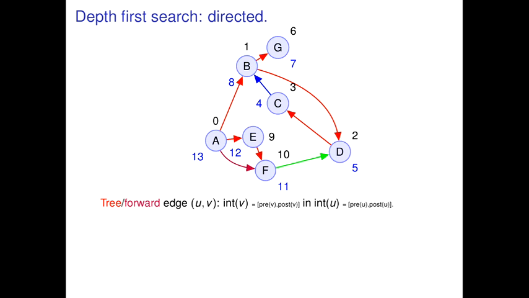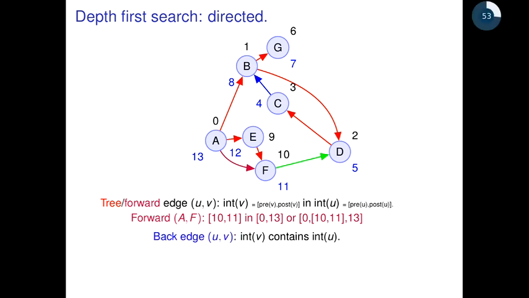And here's a forward edge. F is a descendant. It's an edge to a descendant. The call of explore on this descendant starts at A. You explore A, then at some point you explore E, and then at some point you explore F. So the interval for F, which is 10, 11, is inside the interval for 0 to 13.